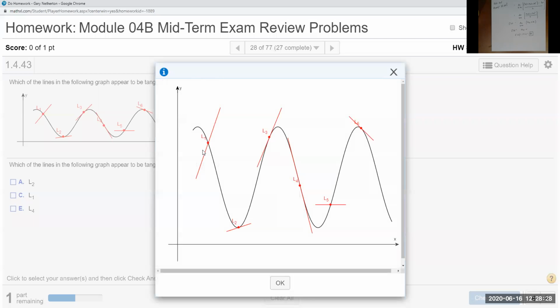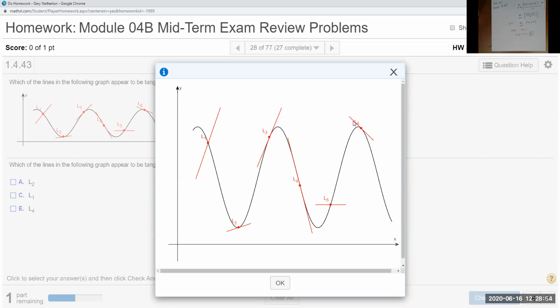Well, this first line, it does only touch the graph at one point, but it crosses the graph, so that's not a tangent line. L2, you can see how it touches the graph at one point, but does not cross the graph, so that's a tangent line. L3 is a tangent line. L4 is a tangent line. L5, it crosses the graph.